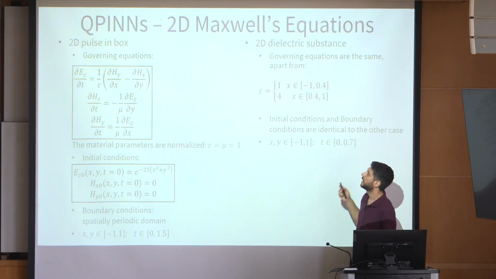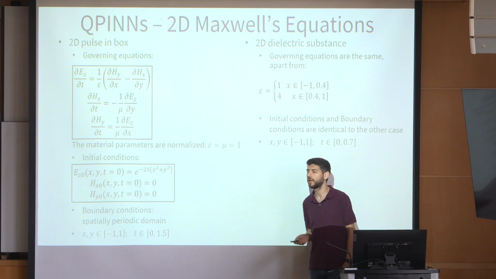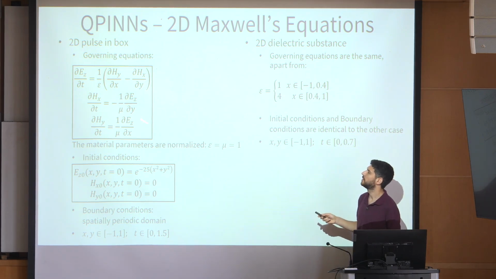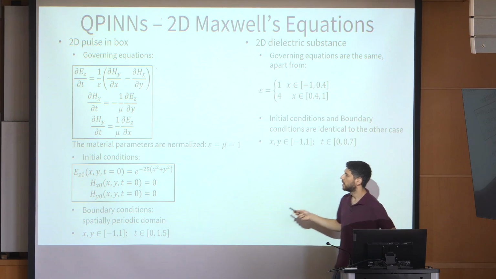All right. So going into the actual problem formulation, the Maxwell 2D equation. These are the PDEs that we solved. We normalized the permittivity and permeability to 1 just to get easier calculations and easier numbers for the precision of the CPU, GPU, whatever we used.